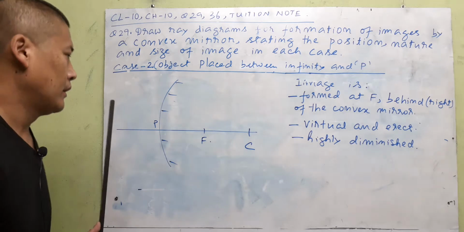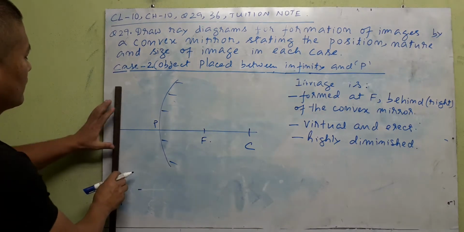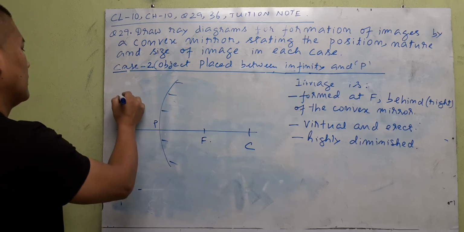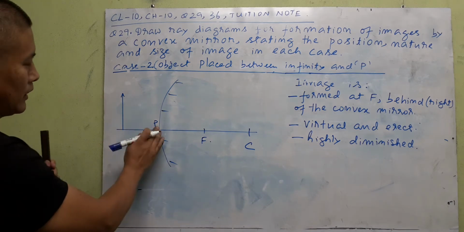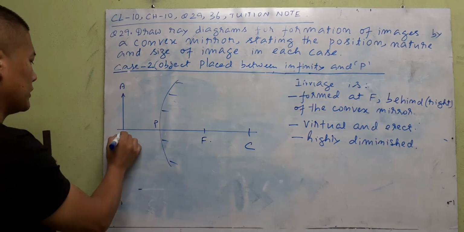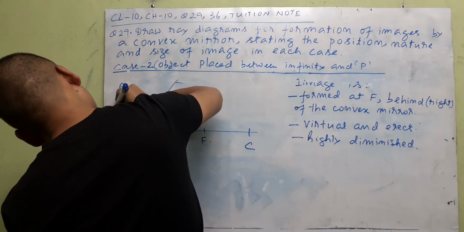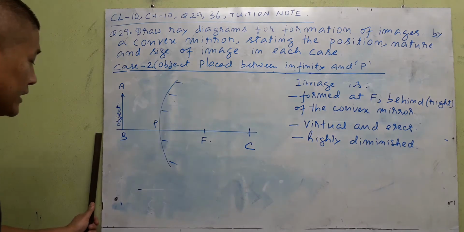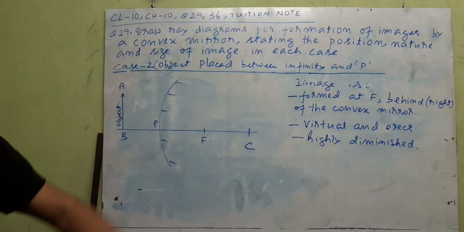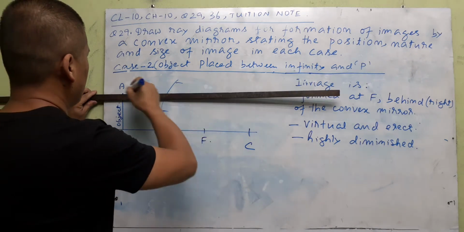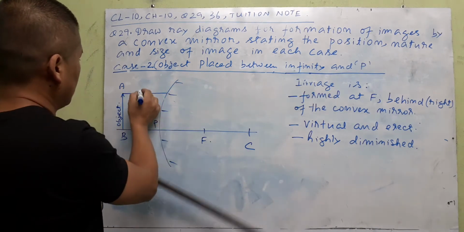Okay, so now the object is not so far from the mirror. Now it is somewhere here between, not infinity also, not touching the mirror also. So top of the object, bottom of the object, let us say this is a burning candle, because that will be easy to get an image. And then what type of image will it give? Let us see. So draw a ray parallel to the principal axis.